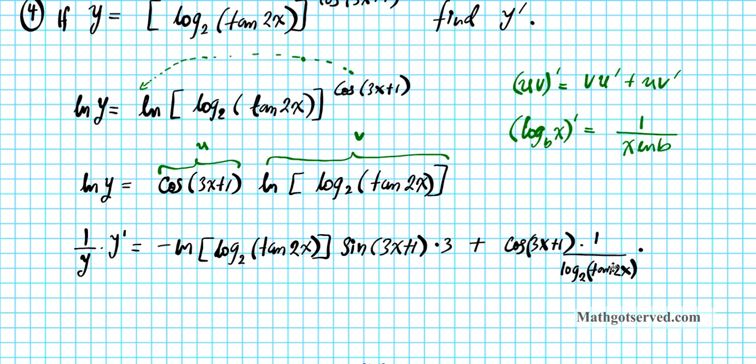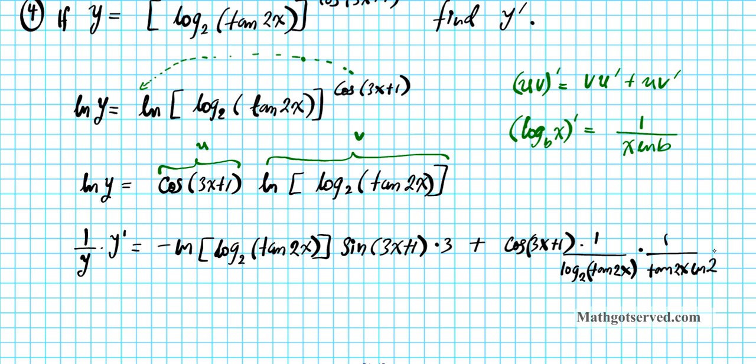All right, so that's what we're going to have here. So it's going to be 1 over x, where x is tan 2x. Okay, so it's going to be 1 over tan 2x times the natural logarithm of the base. What is the base? 2. Okay, 1 over tan 2x times the natural logarithm of the base.